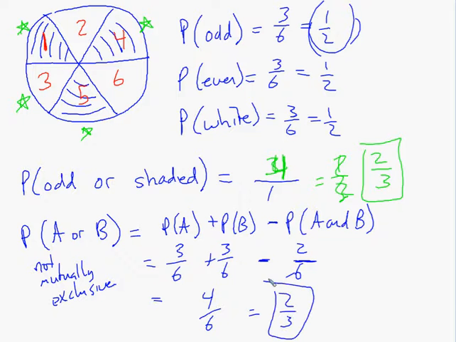Now, of course, in a situation like this, you could just count them out and not even deal with the formula at all. But more likely, you will have this. The probability of some event A is 1/2. And the probability of some other event B is, say, 1/3.